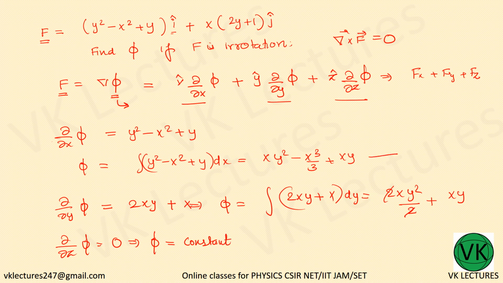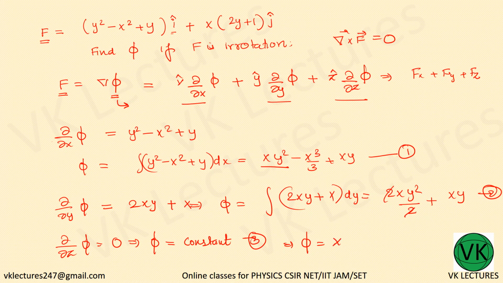I am writing it as constant itself. So I need to add them, 1, 2, 3, because these are partial derivatives. So phi will be equal to the sum of these, but I need to remember which terms are already present, and I need not write them twice. So xy square is already present in the first term, so I need not write it 2 times.